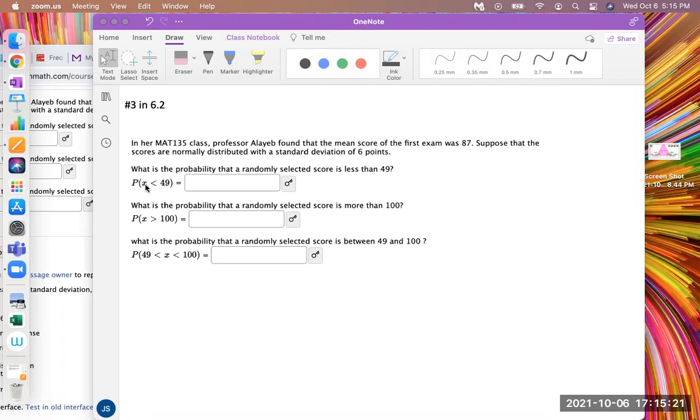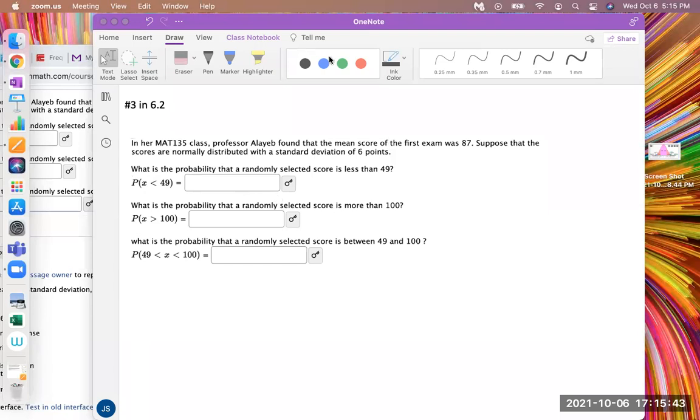I'm representing a score. A score is less than 49. Eventually, hopefully, they want you to be able to just look at this notation and know what they're asking for.